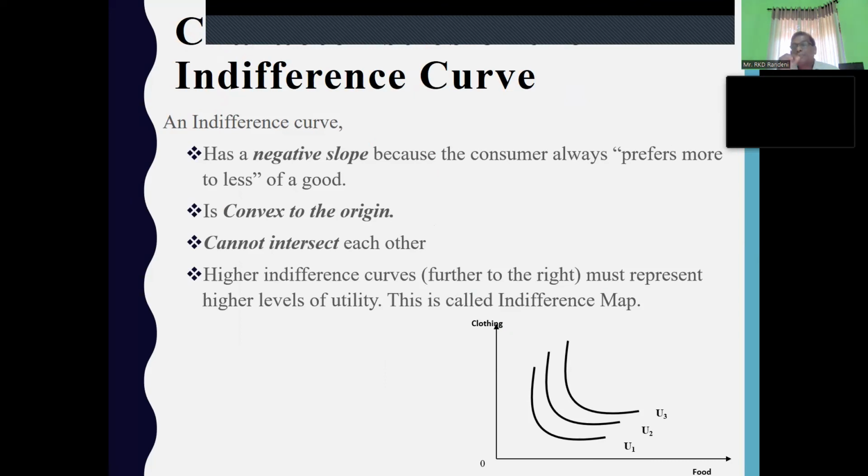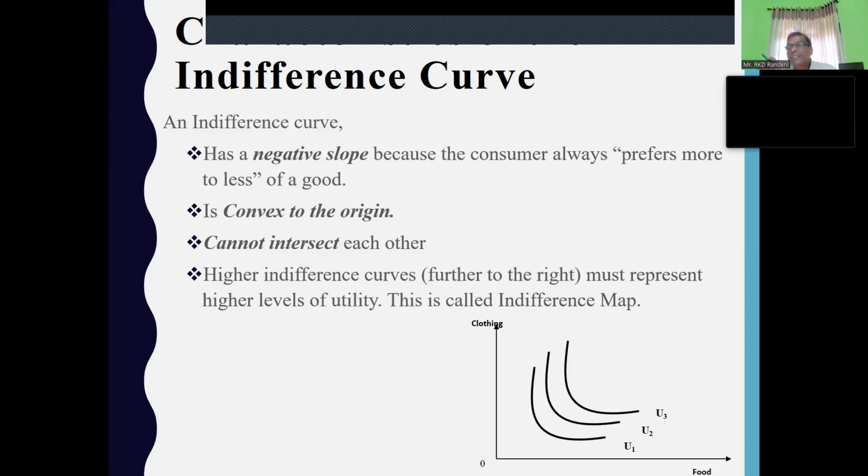Then sometimes there are some commodities that you have to mix proportionally, in fixed proportions. Assume now that quantity Y is vegetable salad and quantity X is salt.